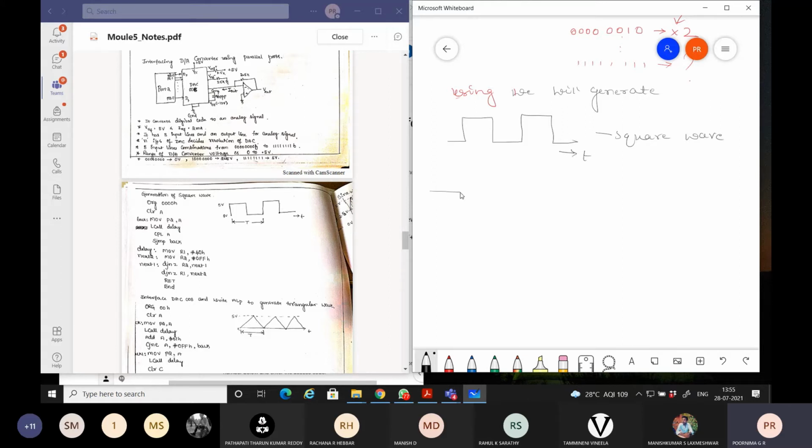Similarly, a rectangular pulse we can also create, having different duty cycles. Or you can create a triangular wave, or a sawtooth wave. Sawtooth means only positive, negative will be 0. Again it goes high.